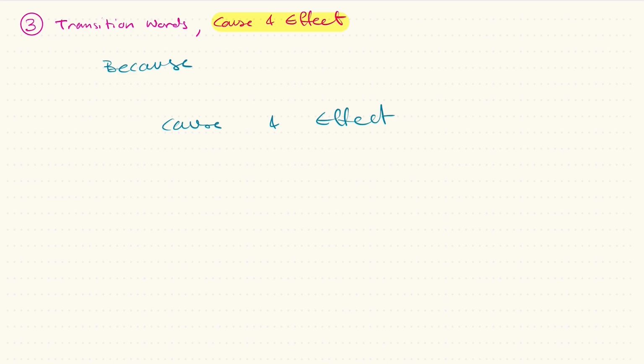So we are connecting sentence one, using transition words such as because, to sentence two. And the reason that we are using these transition words is to provide smooth transition.